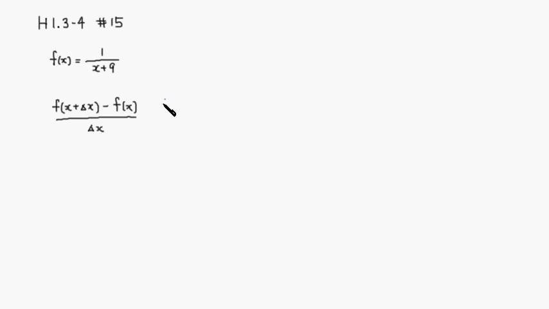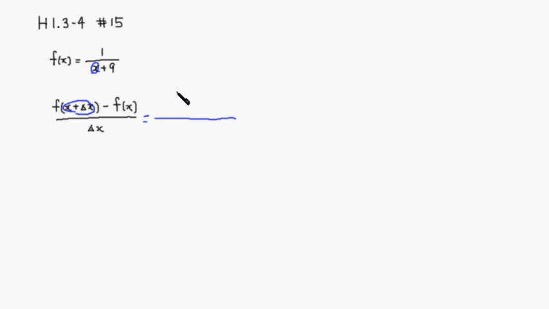Using the function notation, we can rewrite this as f of x plus delta x. Every time you see x, we're going to put x plus delta x in it.